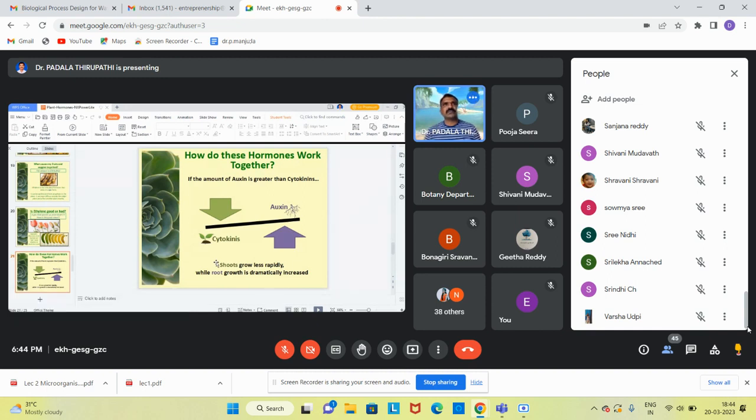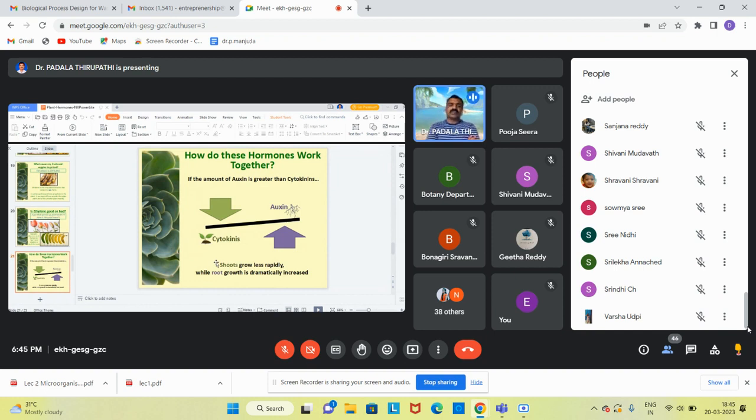So in the comparison between auxins and cytokinins, when the amount of auxin is greater than cytokinin, roots are formed.